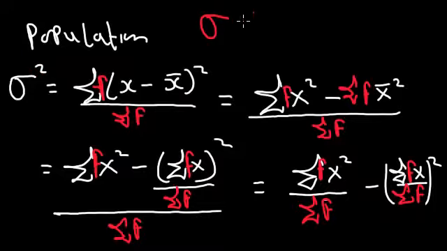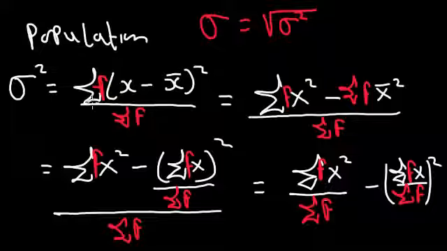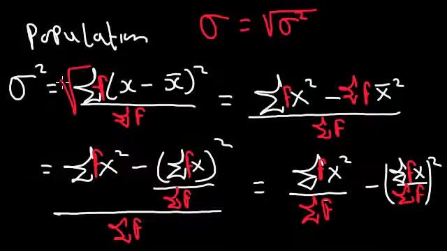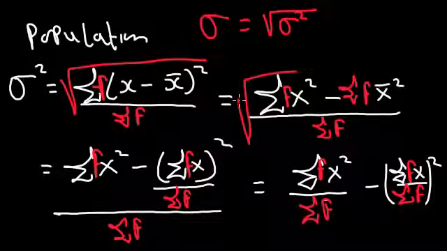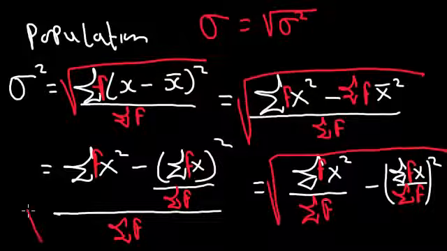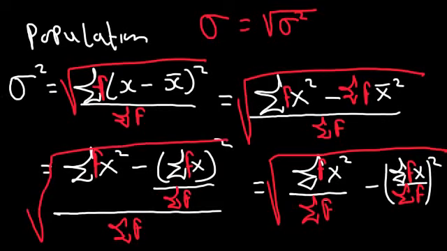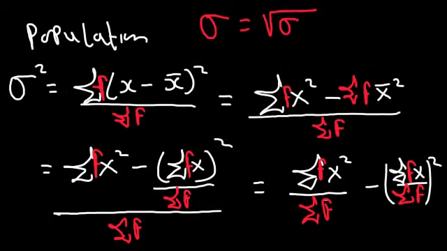So standard deviation is equal to sigma, which is the square root of sigma squared. Are we together? So if you have to find standard deviation, just find the variance entirely, and after you get the entire answer, you just find the square root of it. And that's it. Perfect. Now we can move on to the sample variance.